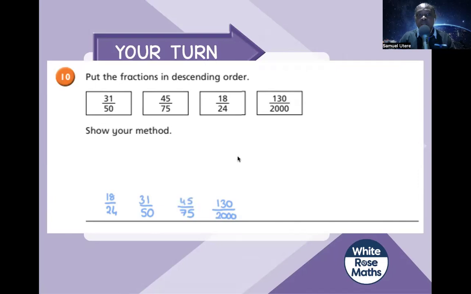That brings us to the end of our lesson. So what have we learned so far? In this lesson, you have learned that you can express division as fraction and fraction as division.